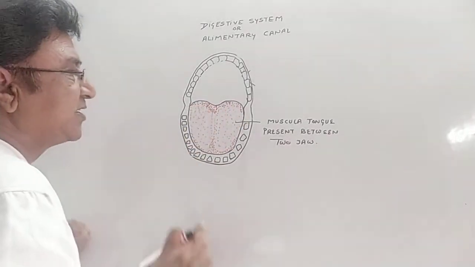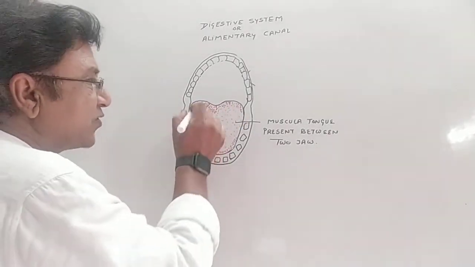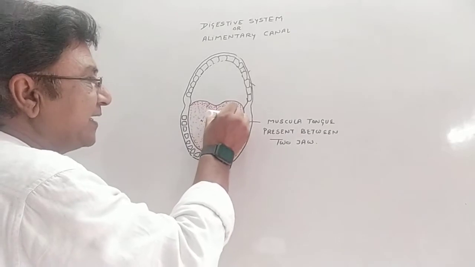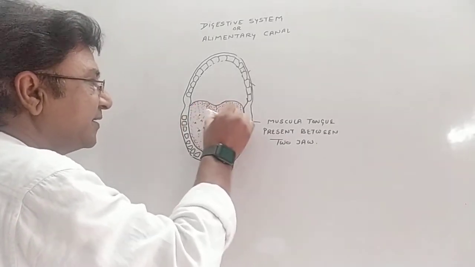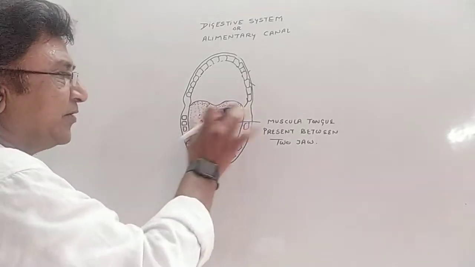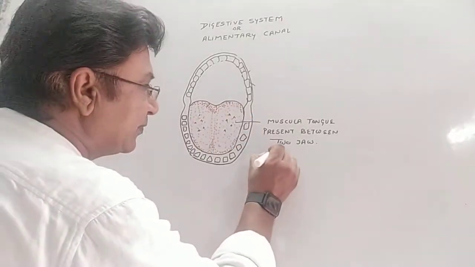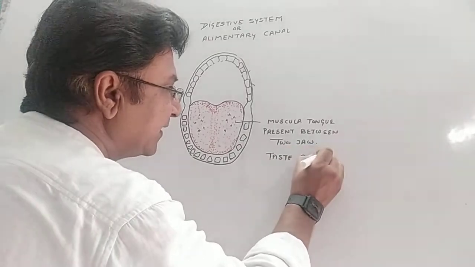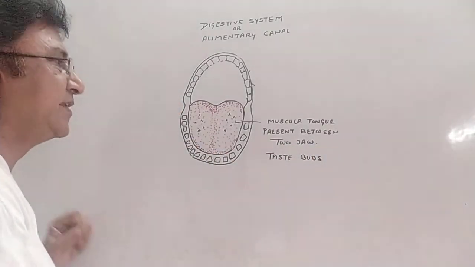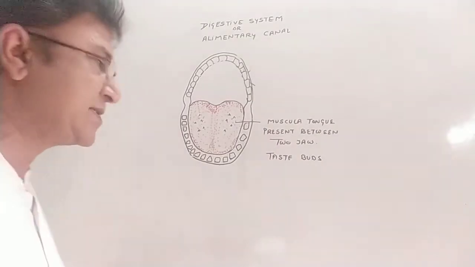This muscular tongue always has papillae, the protuberances of the epithelial structure. Between the papillae there are taste buds. Remember that. And there are four positions where the different taste buds are present.